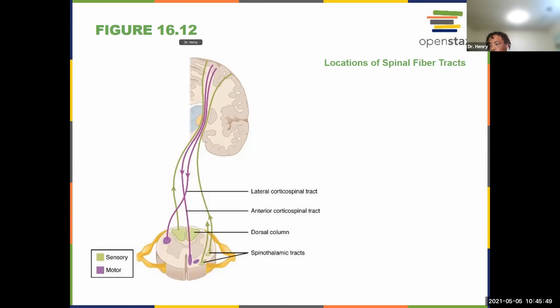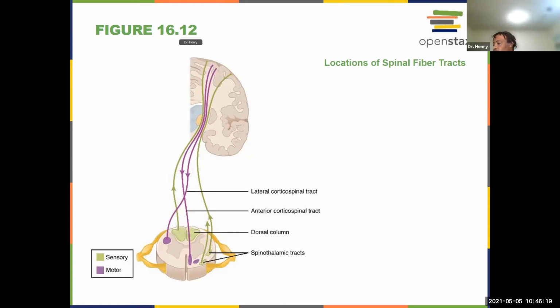So when we're doing our sensory and motor exam, we're often looking at the effects on various regions of our body that are known as dermatomes, regions of our skin that will be affected, and being able to pick up those sensations.